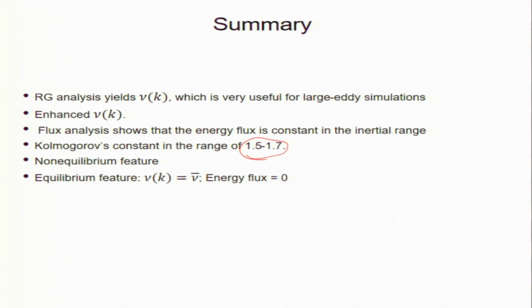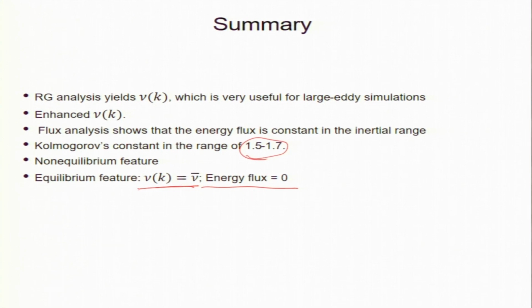The equilibrium feature is exactly like what I argued for the shell model. We can show that these correlations will be 0 for the flux. So, the energy flux will be 0, and for the viscosity it is somewhat complicated, but we can also show that nu k is not renormalized for the Euler equation. Okay.